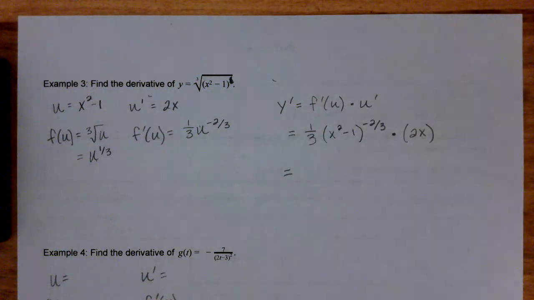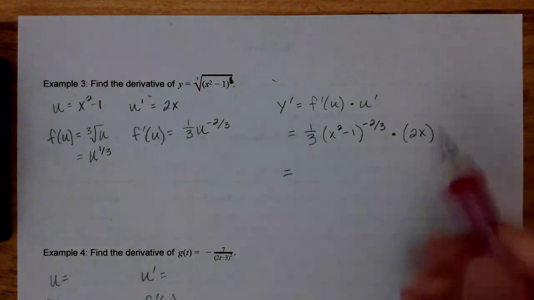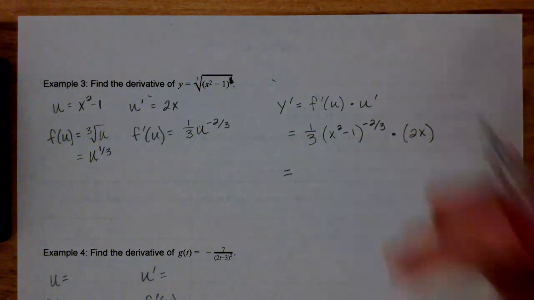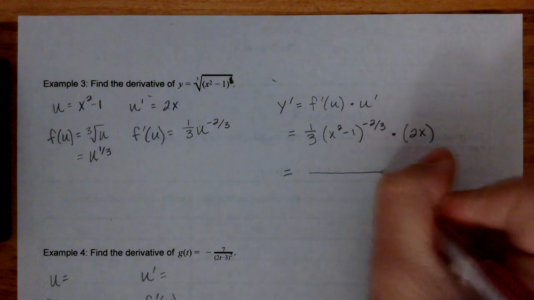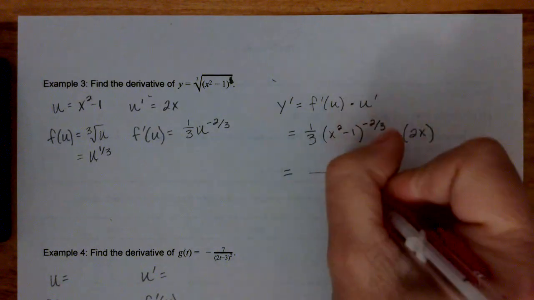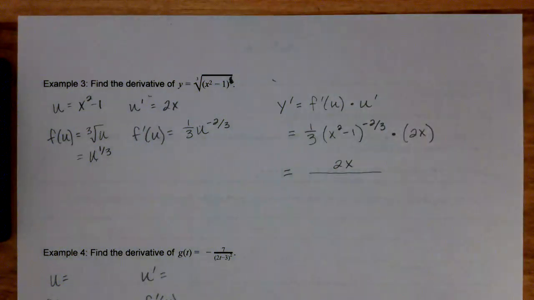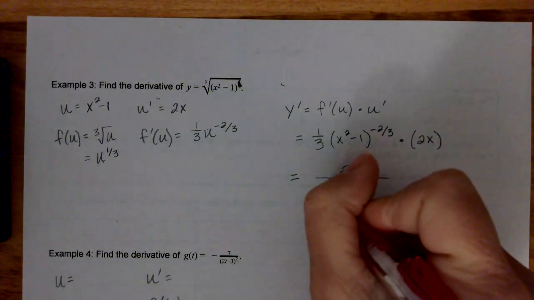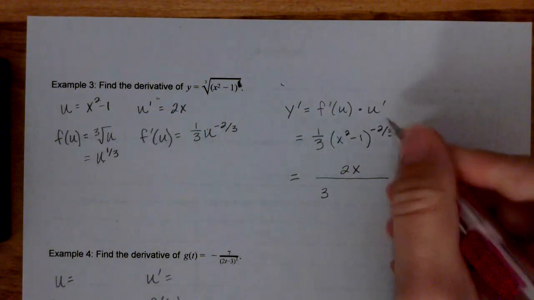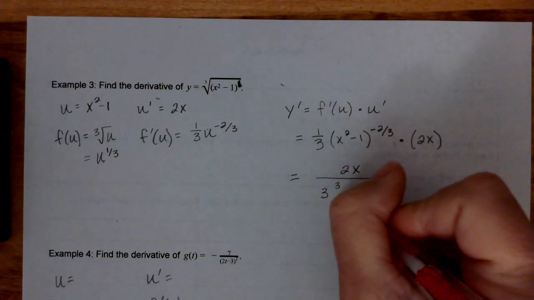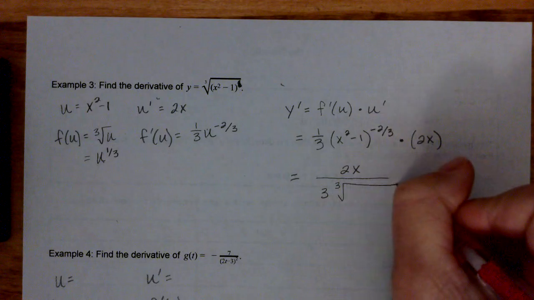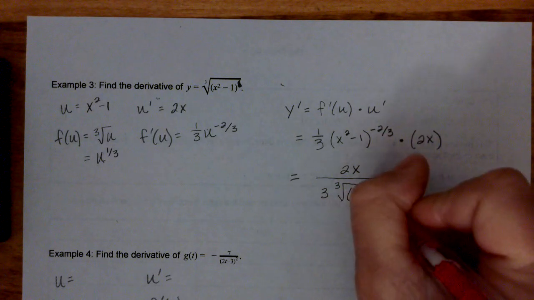Generally, we want to make sure we don't have negative exponents. So I would be rewriting this as 1 times 2x would give me 2x. Then in the denominator, I had to have 3, and then something to the 2/3 power is a cube root of that expression squared.